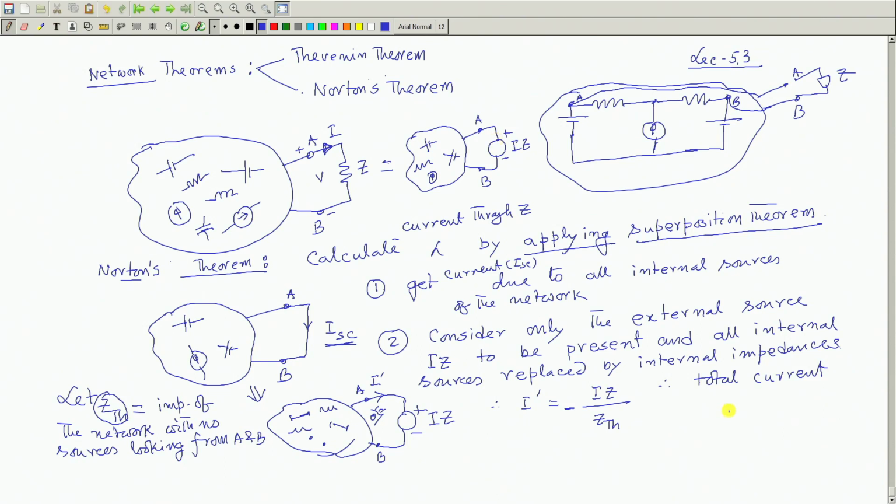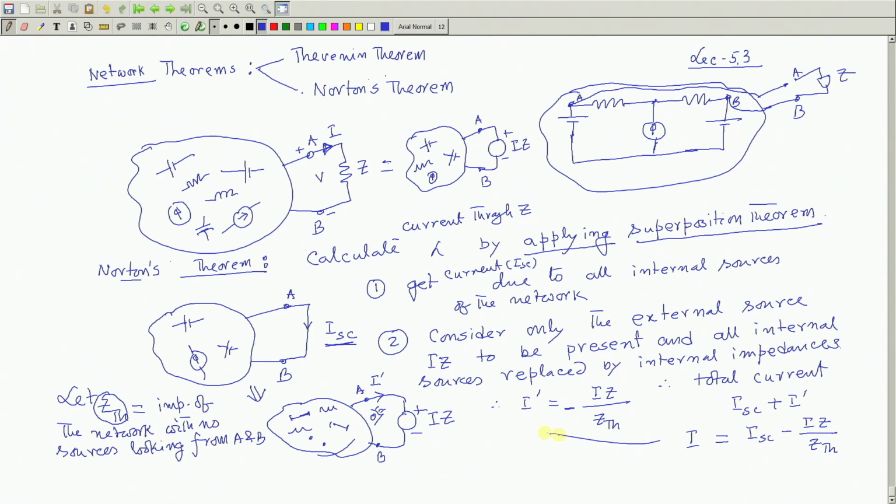The theorem says that it should be I SC plus I dashed, and that is equal to I SC plus I SC times Z by Z Thevenin's, is it not? But this must be equal to I, because that is the situation we started with, everything is present, that must be I.